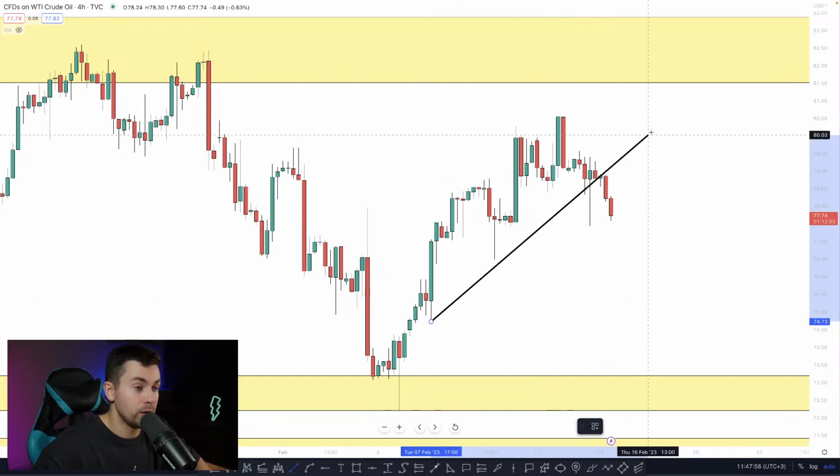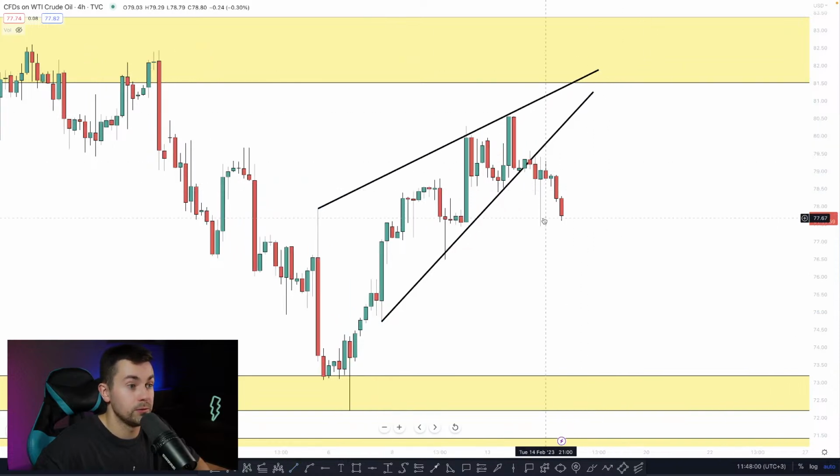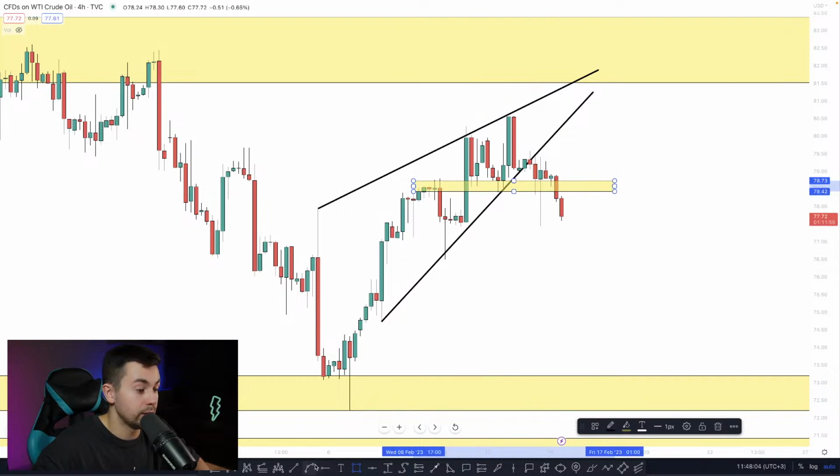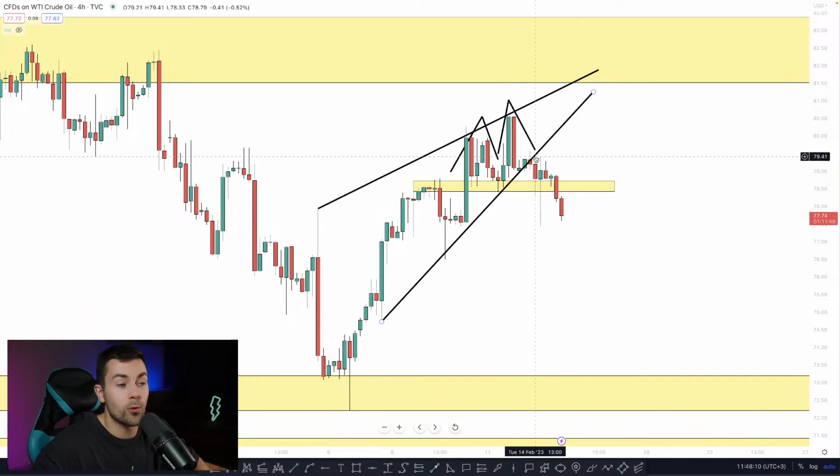I spotted yesterday a rising wedge pattern here on WTI crude oil. And within that wedge, I also spotted a double top. Yes, here the price formed a double top. And take a look, we got the breakout of the wedge support. We got the breakout of the neckline, and now the market started a correctional movement.